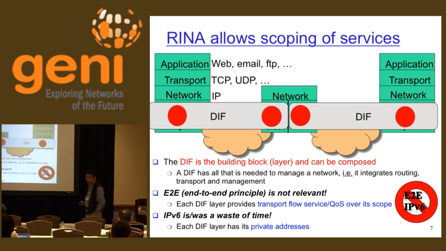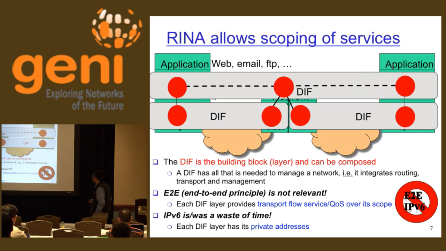And then these red circles are the processes, what we call IPC processes. And then they have higher layer DIFs building on top of that. So these dotted lines here are virtual links, which in some sense are communication services provided by the lower layers. So these guys will establish some flow there that provides this service to the higher layer processes, okay?